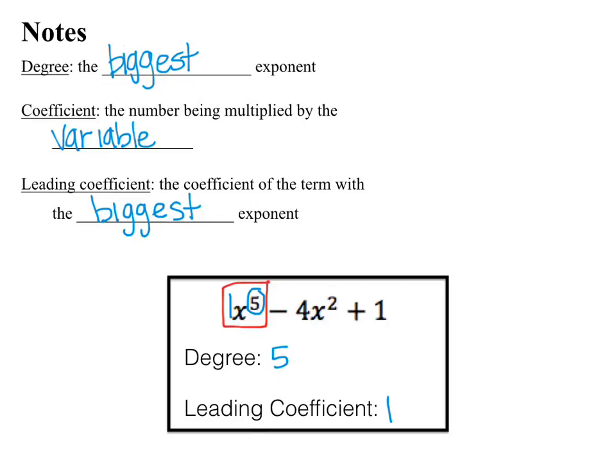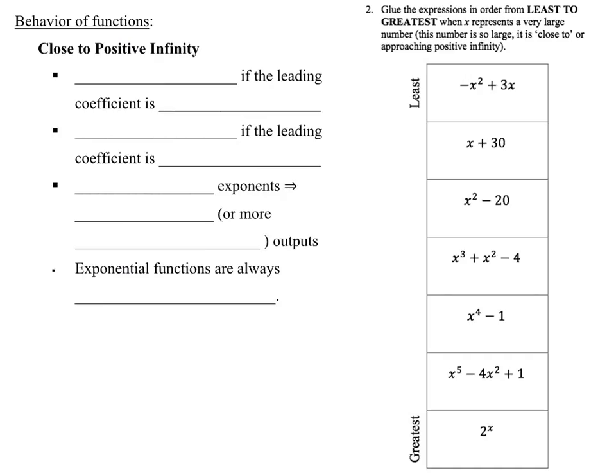So let's go ahead and look at 1, 2, and 3 individually. I'm actually going to start on number 2. We're going to look at the behavior of functions as x gets close to positive infinity, as x gets close to 0, and as x gets close to negative infinity.